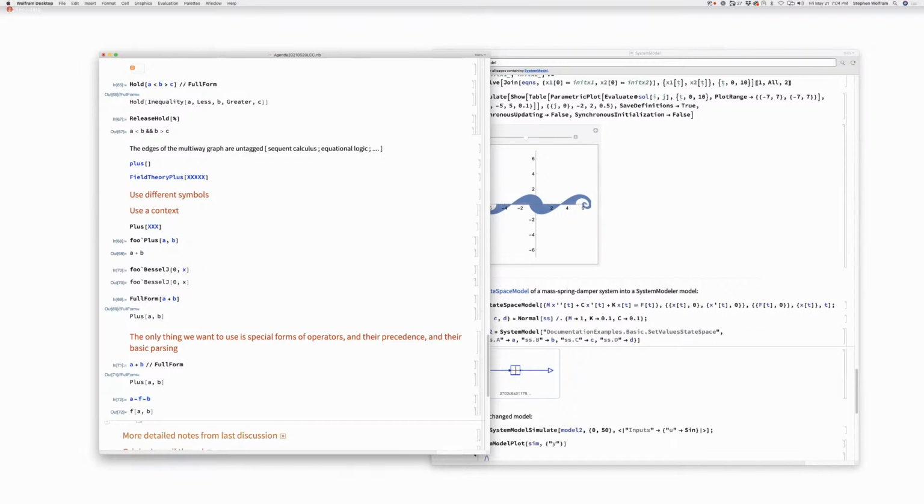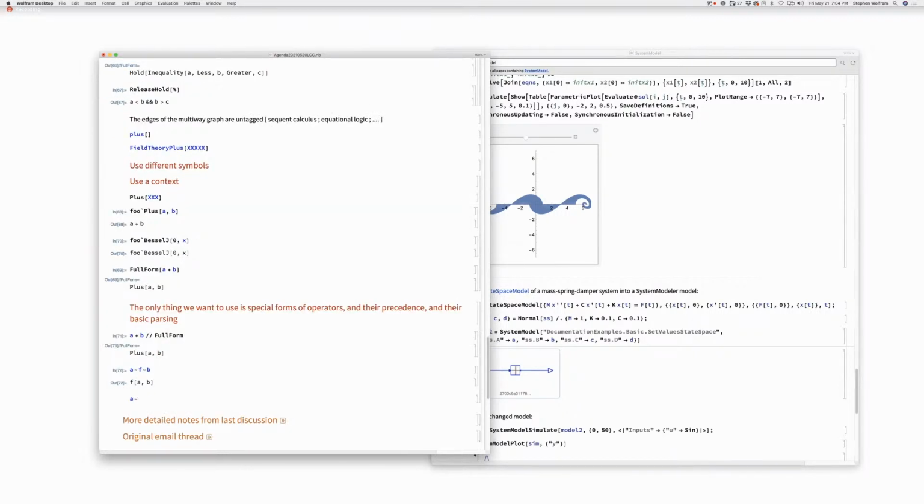So for Jonathan's scalar plus, for example, we could perfectly well do this. It isn't very elegant, but that would just work. It would have the natural precedence of infix, which is very high. So there's a precedence issue. Yeah, there's a precedence issue here.